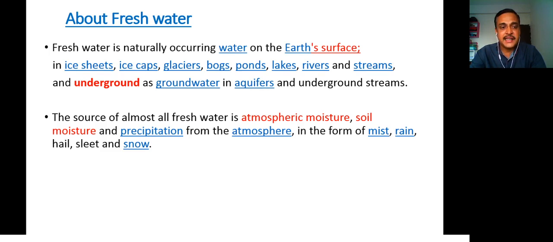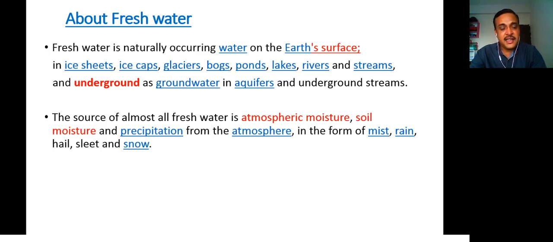Specifically in the Himalayan ranges, we observe this water in the form of ice sheets, ice caps, or glaciers, somewhere in the form of bogs, then generally in the form of ponds, lakes, rivers, and streams, which are sources of surface fresh water.